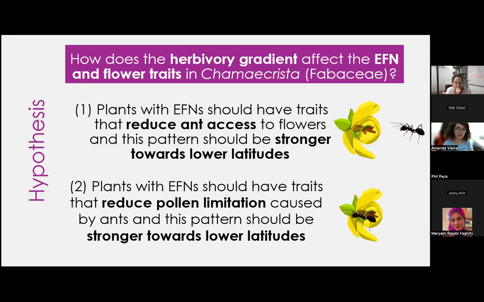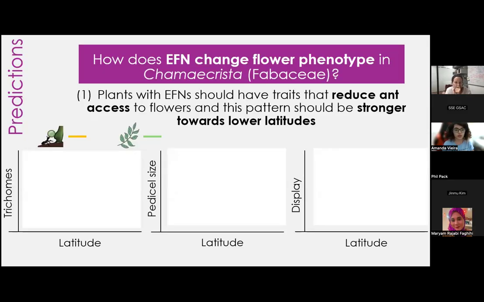And we also had the same hypothesis for the other question, but we think that all these effects should be stronger towards lower latitudes. I won't show you all these justifications or figures one by one, I just want to summarize here.